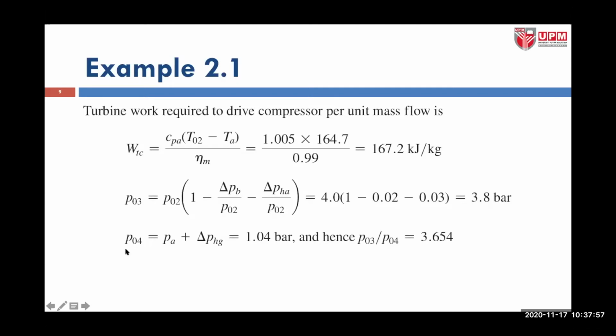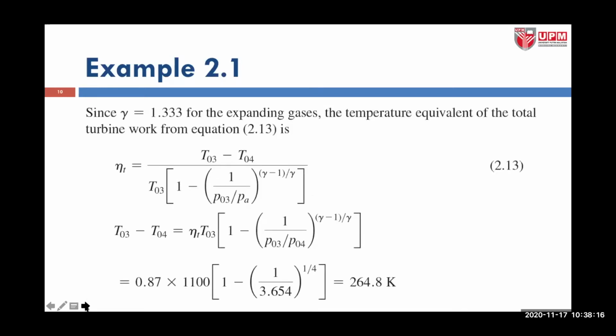And then you continue to calculate P04, the pressure at the turbine exit, to be 1.04 bar, and finally you get P03 over P04 equal to 3.654. Following through, at the turbine the gas is already coming from the combustion products, so gamma is no longer 1.4.